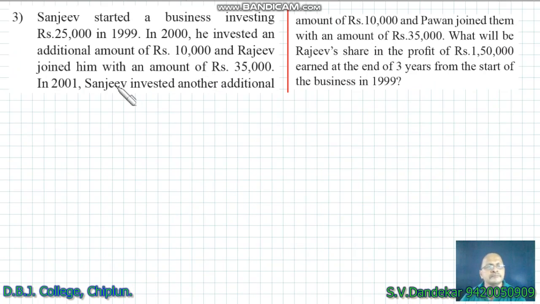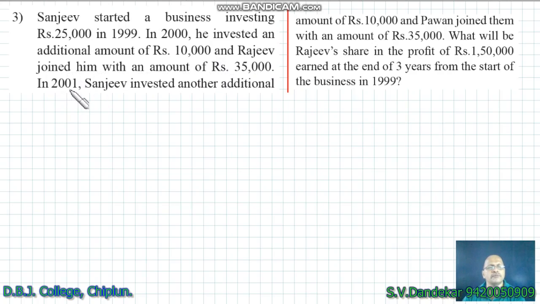Third problem. Sanjeev started a business investing rupees 25,000 in 1999. In 2000, he invested an additional amount of rupees 10,000 and Rajiv joined him with an amount of rupees 35,000.